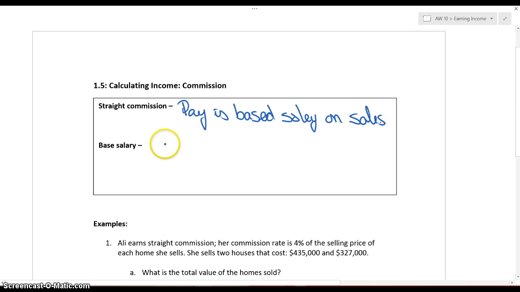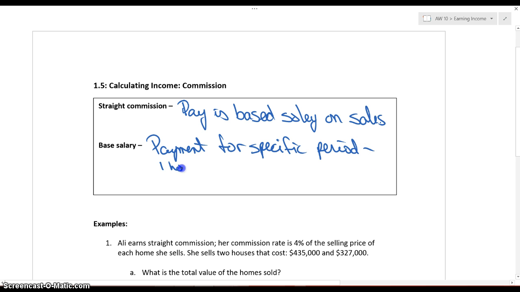Base salary, typically, means that you get payment for specific periods. Maybe 1 hour, maybe 1 week, maybe 1 month.